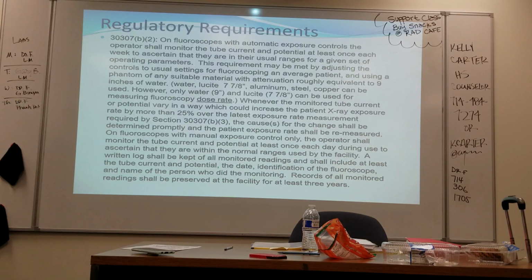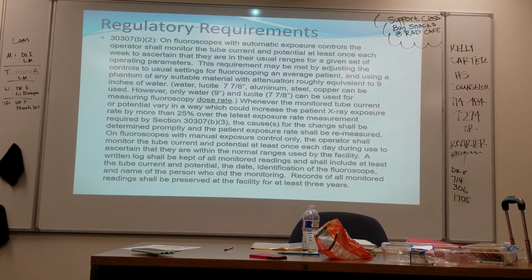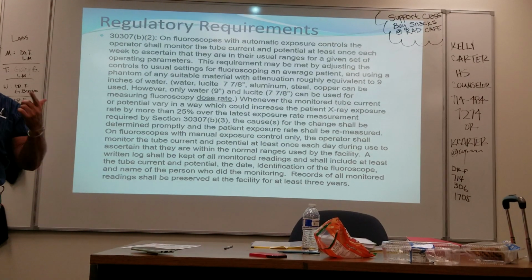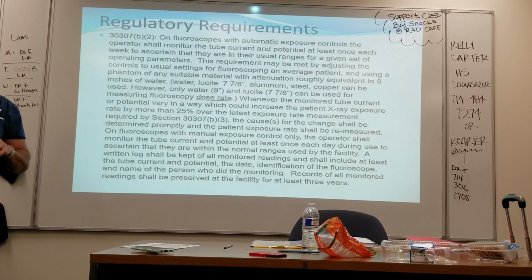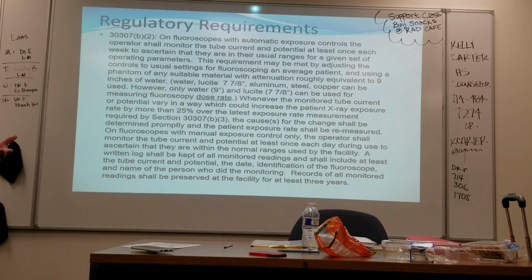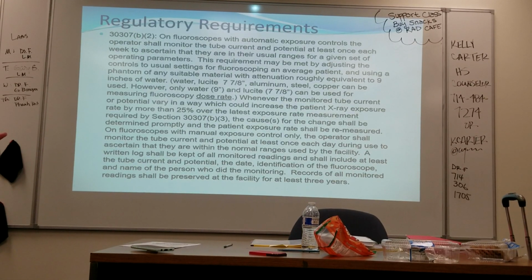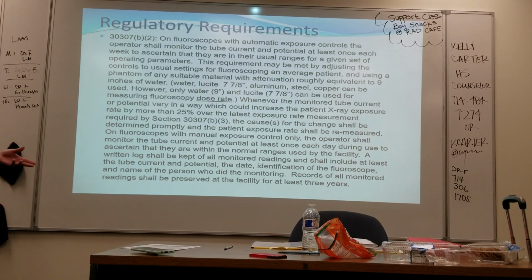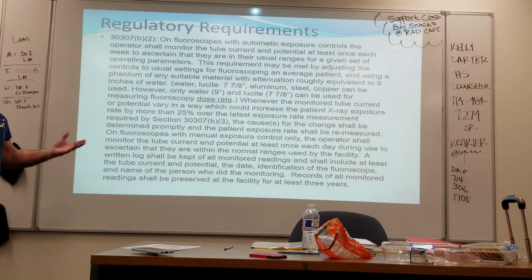But for automatic exposure control, there is a requirement that once a week, you test it with an appropriate phantom and look at tube current and potential and make sure that that doesn't change the patient exposure by more than 25%. So the standard for California is 9 7/8 inches of lucite, or 7 7/8 inches of lucite. You can use anything that's close to that.